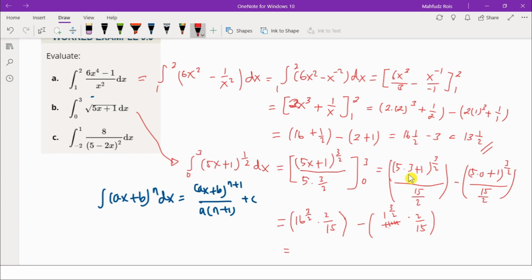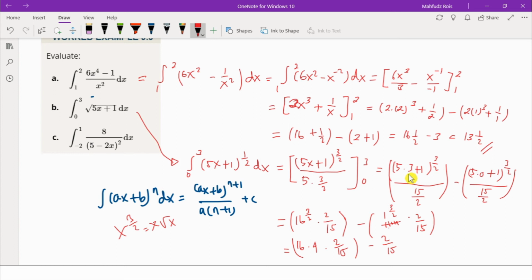You know that 3 over 2 power is just like x times square root of x. So here it will be 16 times square root of 16, which is 4, times 2 over 15.